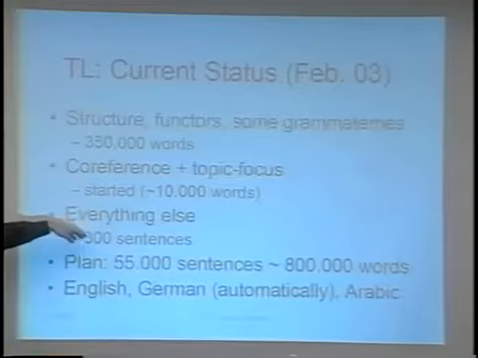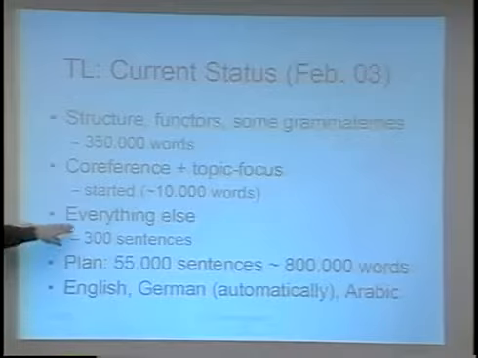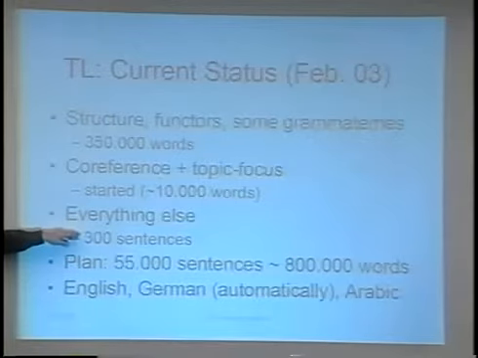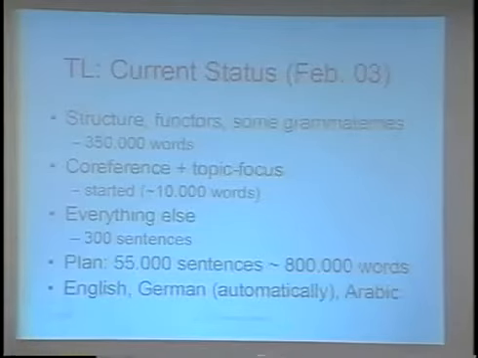For the rest, like tenses, most of it can be done automatically, so we will probably be done with most of it for the full thing. The plan is to have 55,000 sentences, which is half the original treebank. We don't really want to waste another 2 years doing the other half, so we'll see how far we can get with half the size.